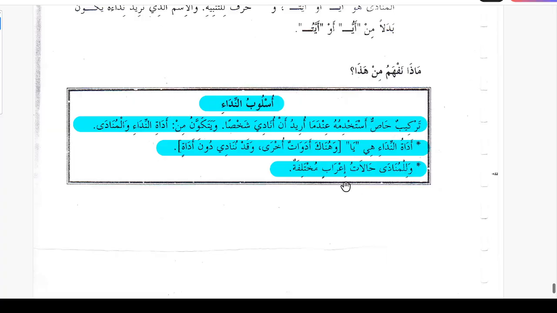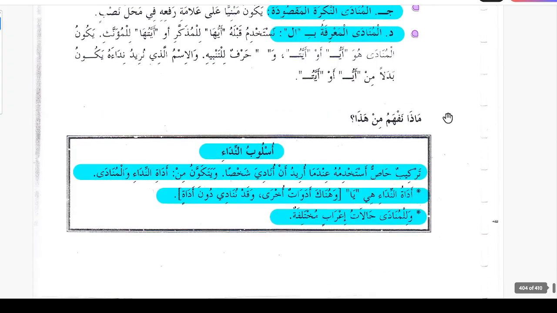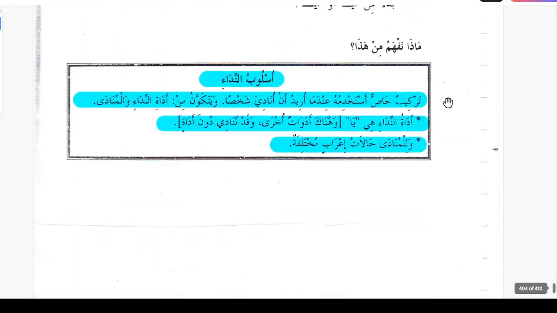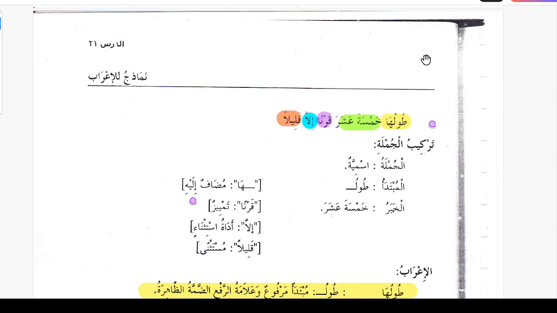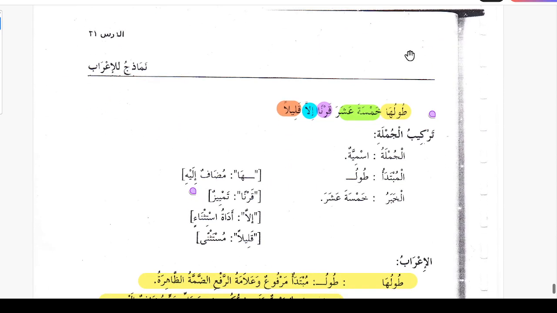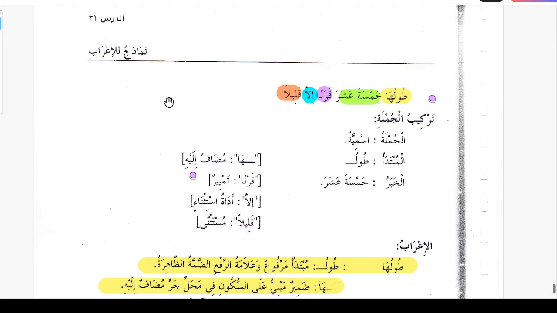Walil munada halatu irabin mukhtalifatun, and for the munada there are different conditions of irab that we have studied in those above 4 examples. Okay, so that completes the technical part of this lesson. Before we do study the main lesson, let's also do some i'rab.